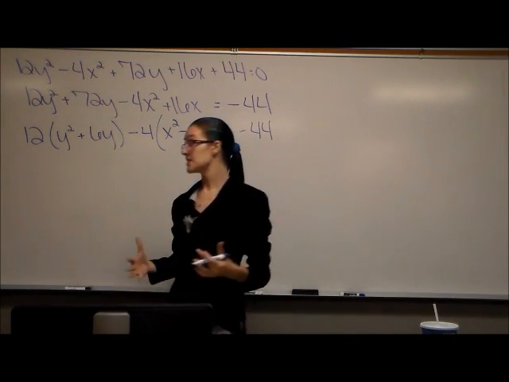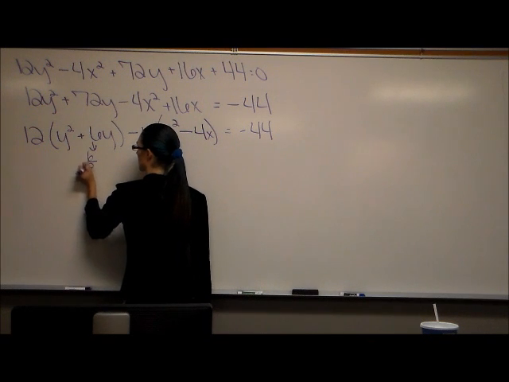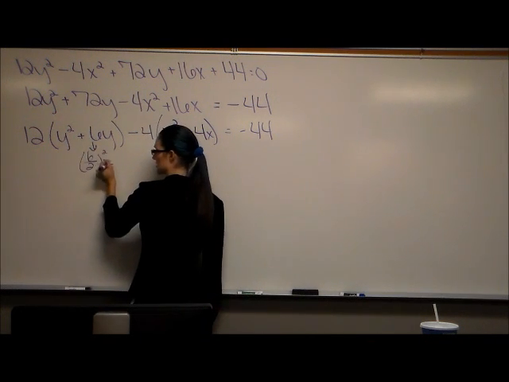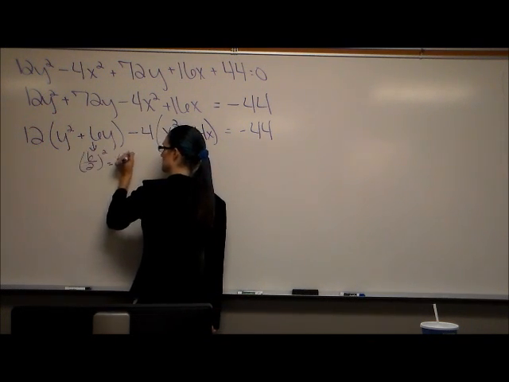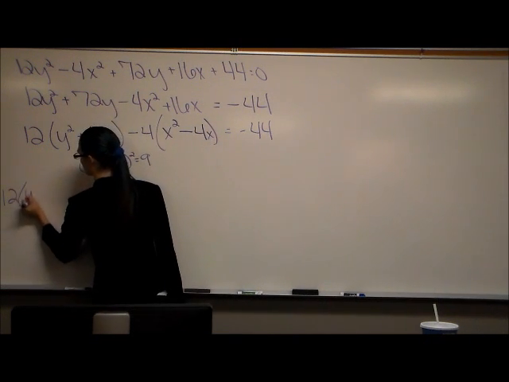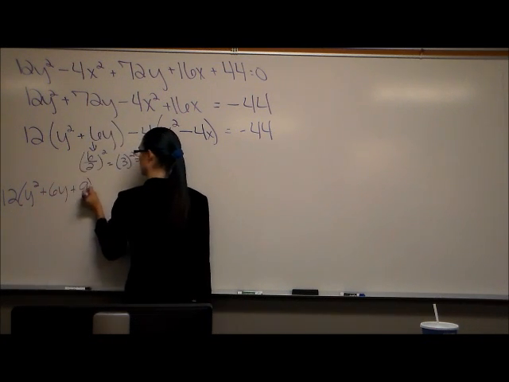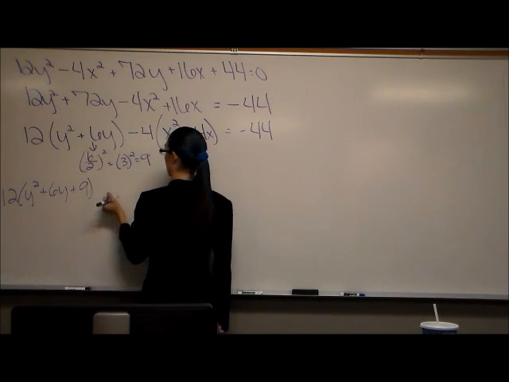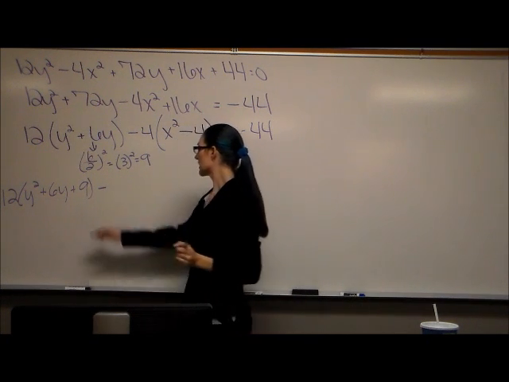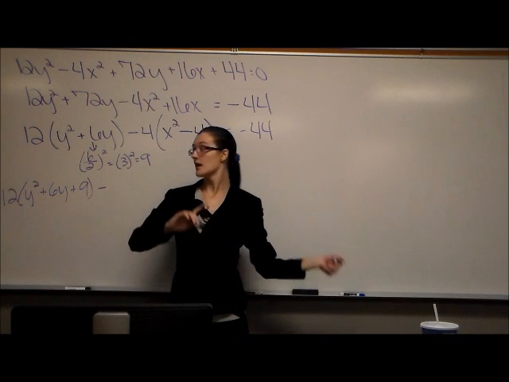Okay. Now to finish completing the square, we take this, our middle term, divide it by 2 and square it. That gives us 3 squared, which is 9. If we add 9 to here, we've got to add 9 to the other side, right?